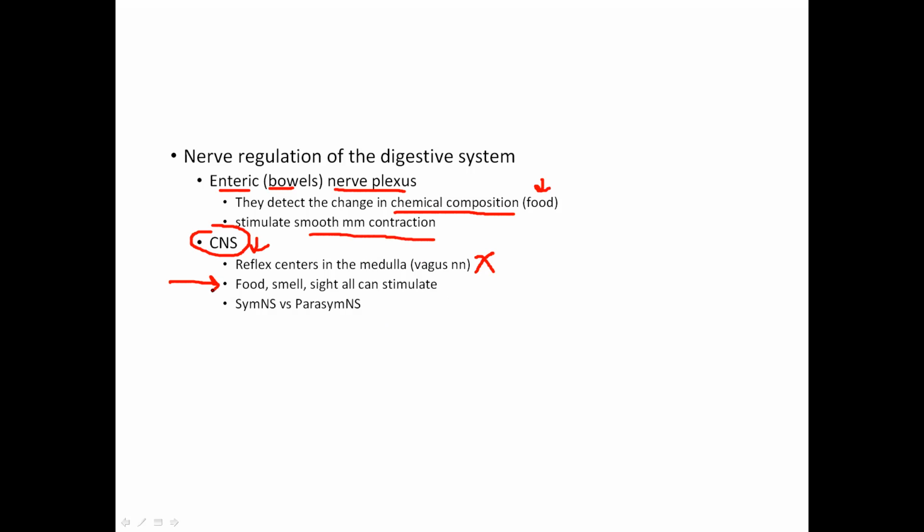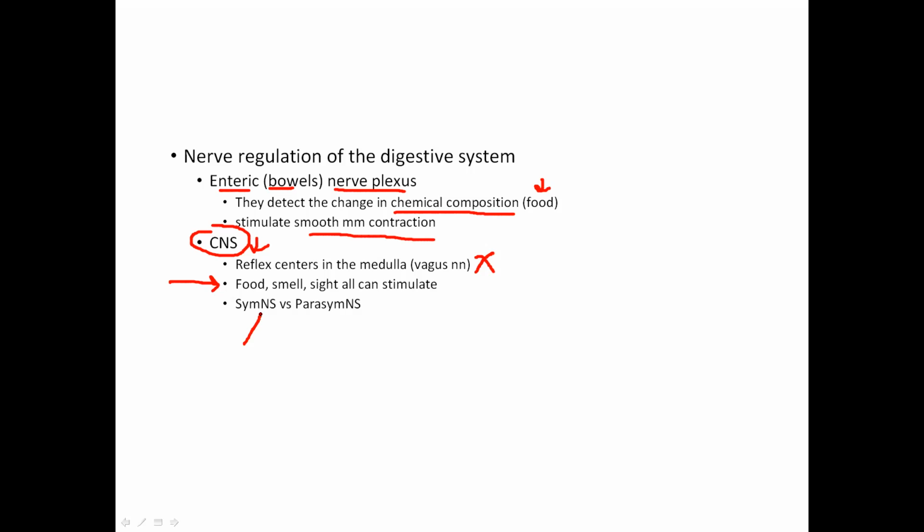All these things will trigger your body to prepare for digestion. That is a reflex. And I think we've all been there when you get hungry enough and you see food. You can really feel your body start to kick into gear to prepare for digestion.